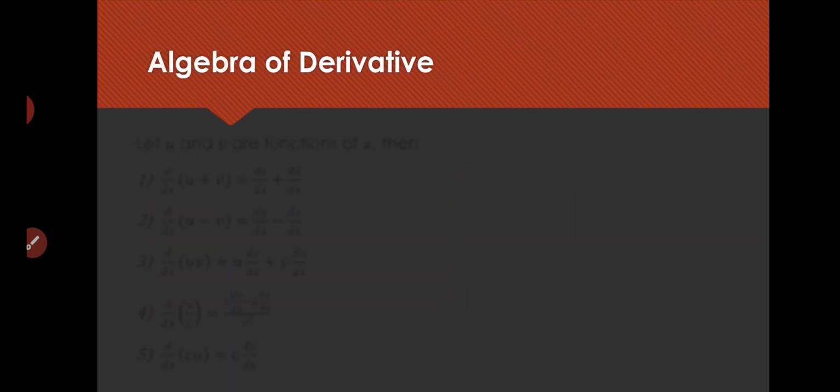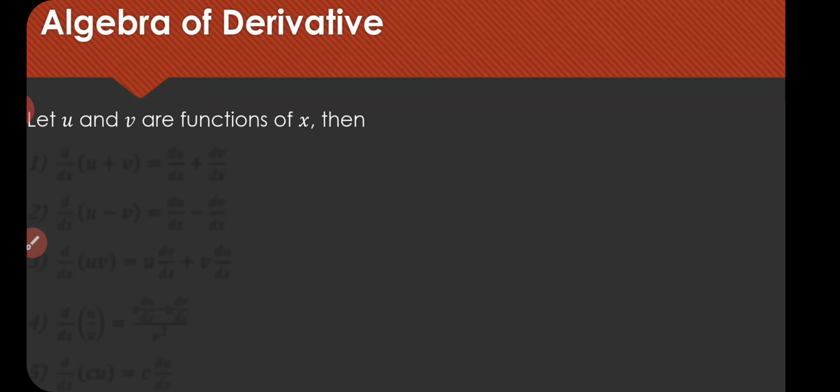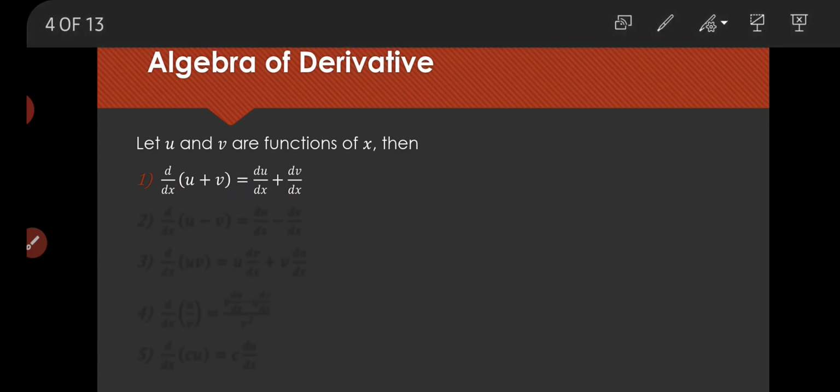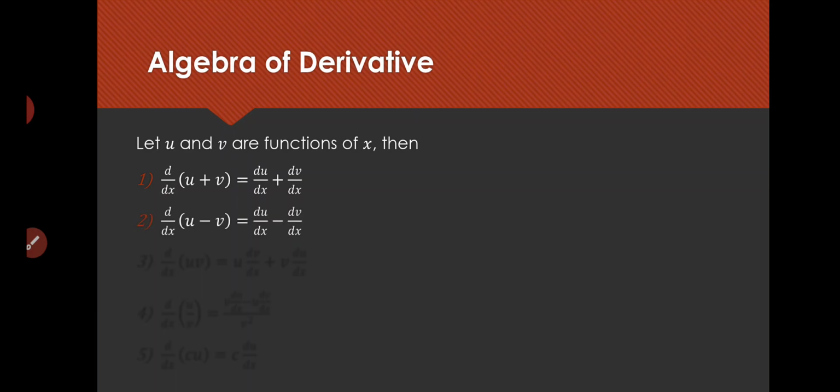Now algebra means whenever I have more than one derivative along with some mathematical operation, how to deal with that. So let u and v be two functions of x, and then the derivative of the sum is equal to the sum of the derivatives. Similarly, the derivative of the difference is equal to the difference of the derivatives.